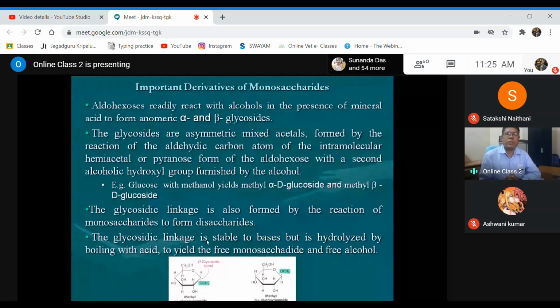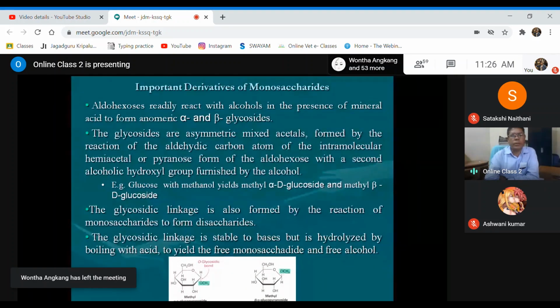So glycosides are asymmetric mixed acetals formed by the reaction of the aldehydic carbon atom of the intramolecular hemiacetal, or pyranose form of the aldohexose, with a second alcoholic hydroxyl group furnished by the alcohol. The glycosidic linkage is also formed by the reaction of monosaccharides to form disaccharides.